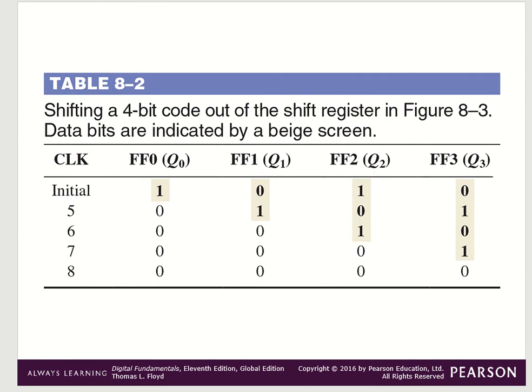So all the 1010 is going out, and the shift register now contains 0000, completely reset, because this 1010 is going out serially. First this 0 goes out, then this 1, then this 0, then this 1. So at the end of the 7th clock pulse everything is going, and at the end of the 8th clock pulse the shift register is completely reset.